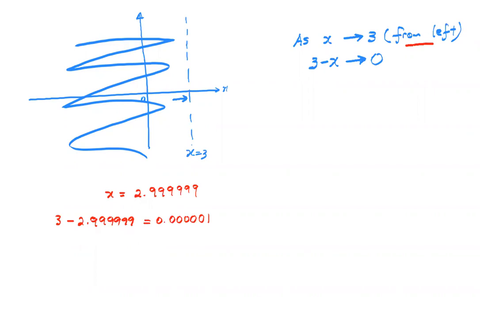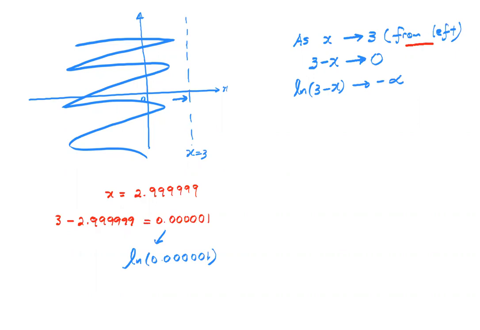So then what happened to ln(3 minus x)? It will approach what? That means I'm talking about the ln of a number which is less than 1, but is still positive. It will approach negative infinity. Yeah, negative infinity. Correct?